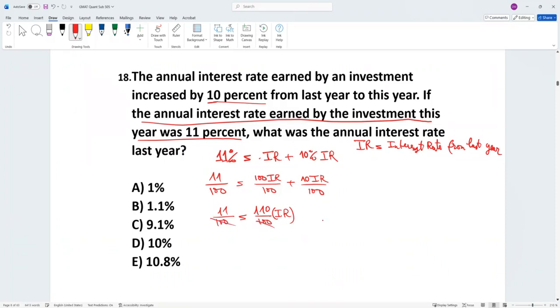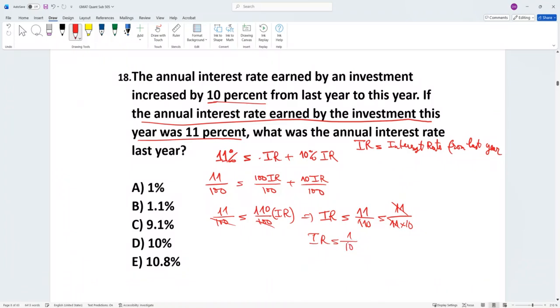This will simplify and simply IR, because we want to find what was the annual interest rate last year. So IR is equal to 11 over 110. You know that 110 is actually 11 times 10. This will simplify and give us 1 over 10.